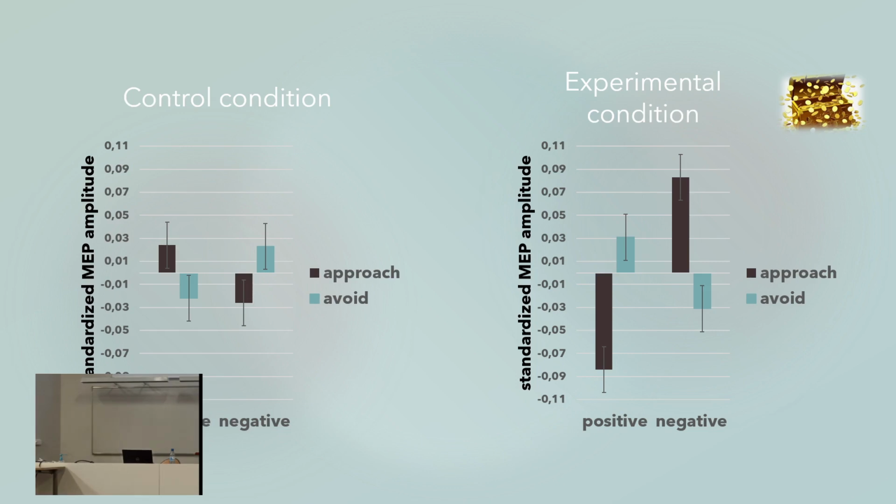And in the experimental condition, it's just the other way around, like we would expect from the alternative model. So positive stimuli lead to a stronger tendency to avoid, and negative stimuli to a stronger tendency to approach.